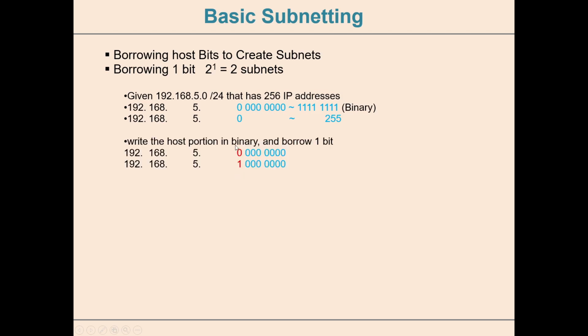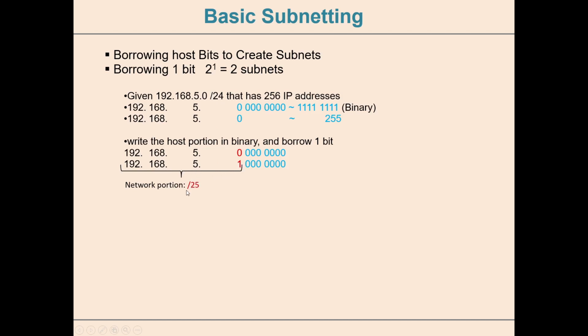Borrow 1 bit from the host portion. The borrowed bits always start from the leftmost bit. Add this bit to the network portion. So once we borrow that bit, the network portion extends from the original 24 to 25 bits.